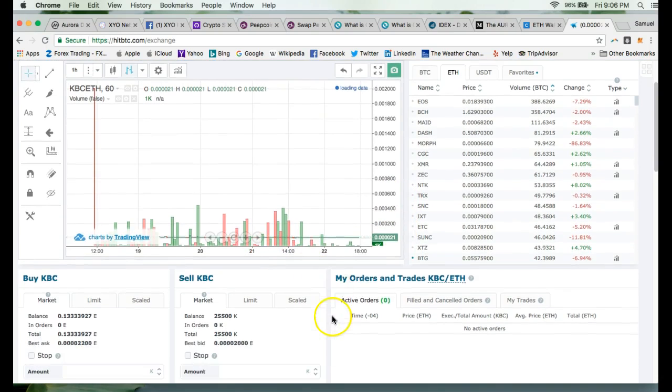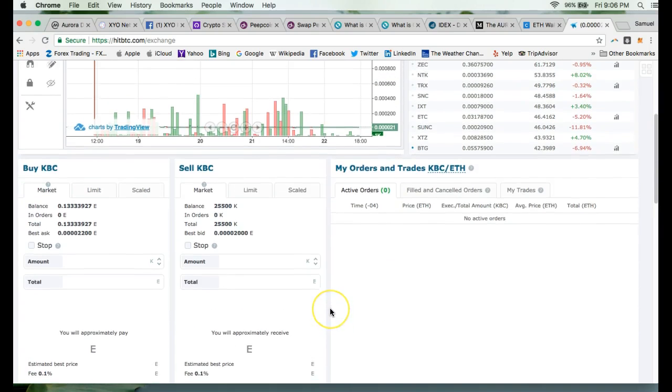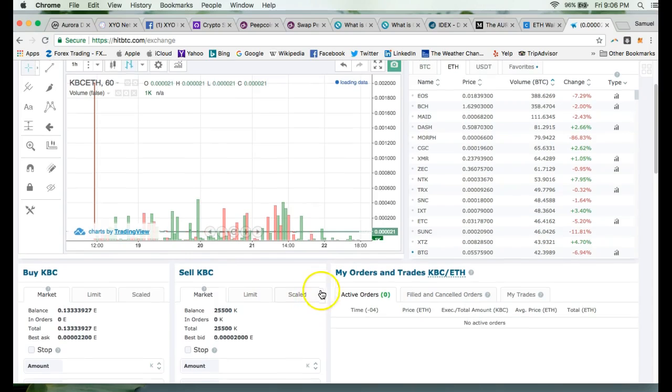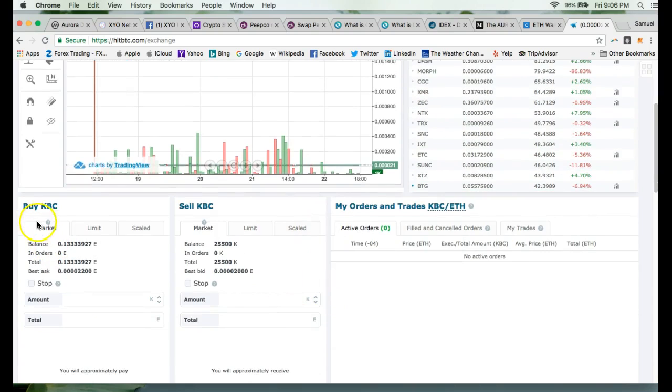Scroll down a little bit more and you'll see where it says buy KBC or sell KBC. What I want to do is buy KBC at the market order, not limit, not scale. That's another chapter.